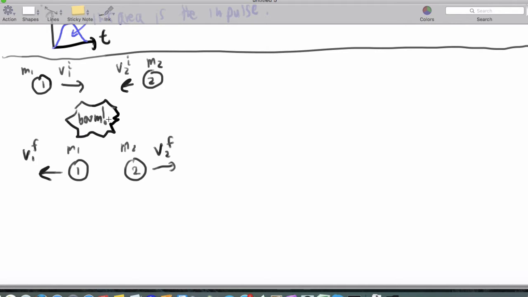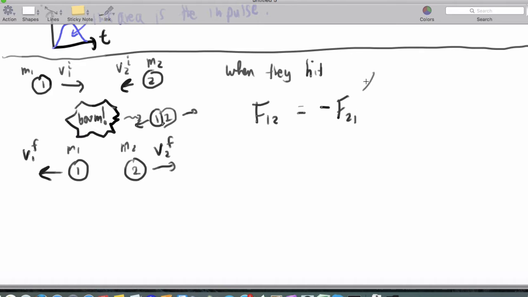So here's the idea. When they hit, it's kind of like you have 1 here and 2 here, and they're exerting forces on each other. So when they hit, we have a force on 1 due to 2, and that's the opposite of the force on 2 due to 1, and this is from Newton's third law.